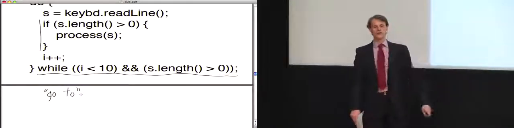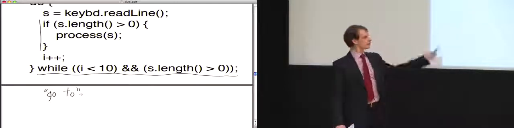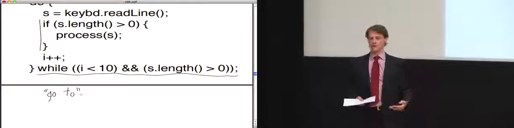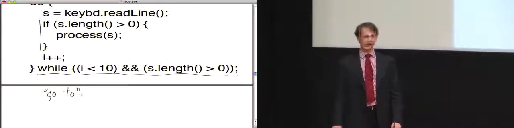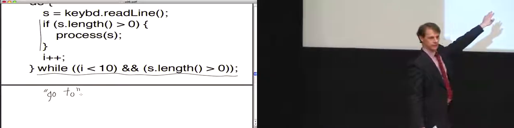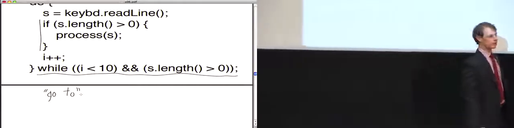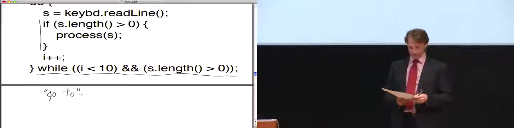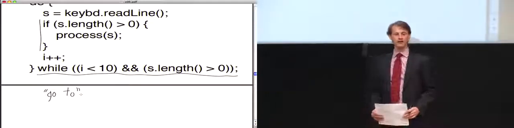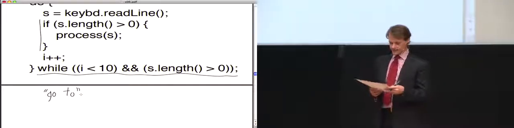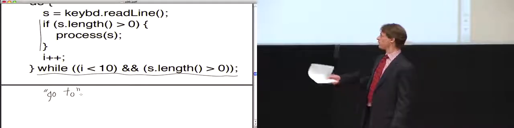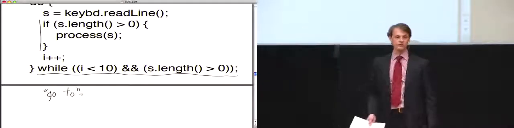But early on in the history of software engineering, it was discovered that when you give programmers goto statements, they quickly make spaghetti code that's almost impossible to analyze and debug. And therefore, people started figuring out better ways to structure programs that don't use goto. And in fact, a Turing Award winner named Edsger Dijkstra wrote a famous article in 1968 entitled "Goto Statements Considered Harmful," which was so influential that now most modern languages don't have goto statements.